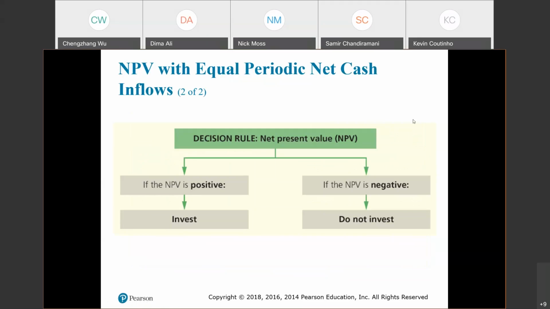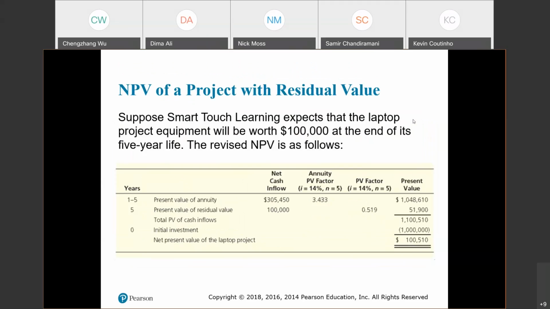Well, these two examples, as I said, do not have residual value. But in fact, many assets yield cash inflows at the end of their useful lives because they have residual value.